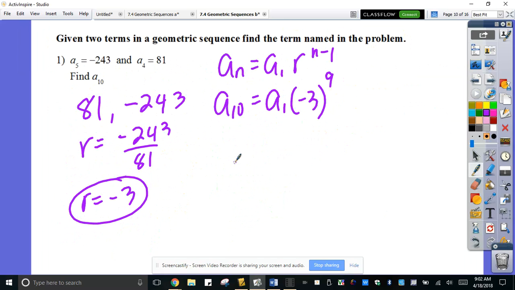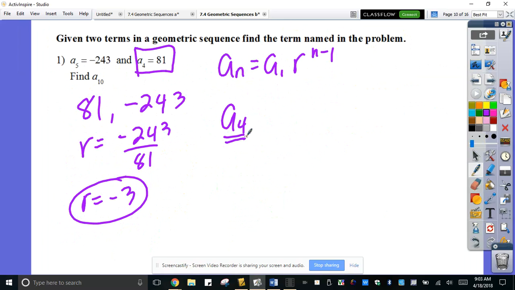So how do you find this one? If a sub 4 is 81, we assume that's the first one. A sub 4 is the first term. Ooh, that's tricky. I'm just going to delete this one.